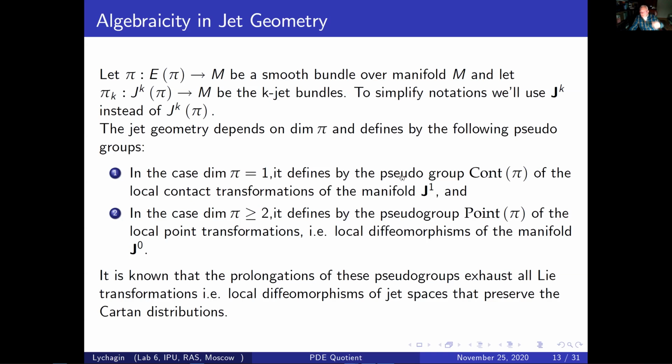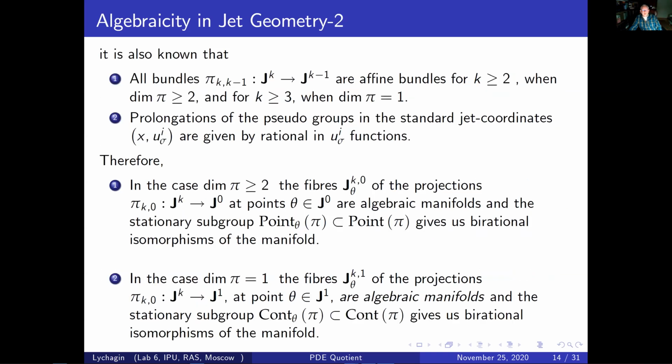So what do we know about these groups? First of all, there is also an important affine structure on the bundle.